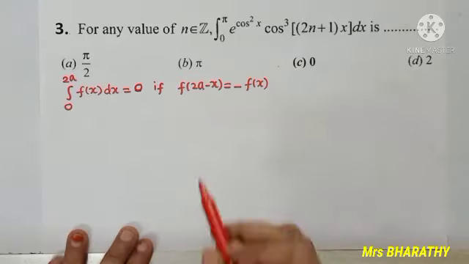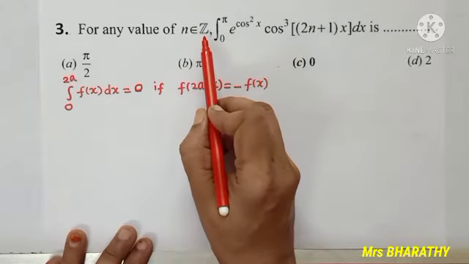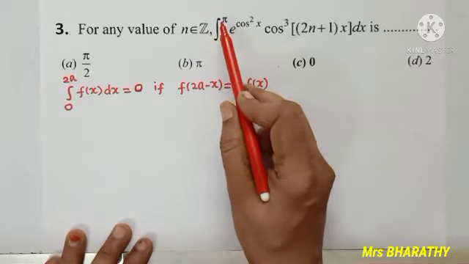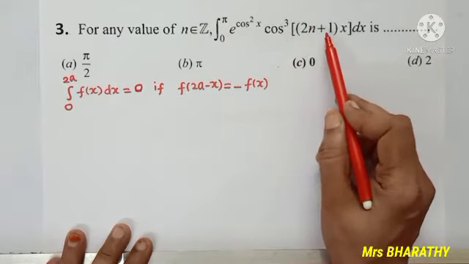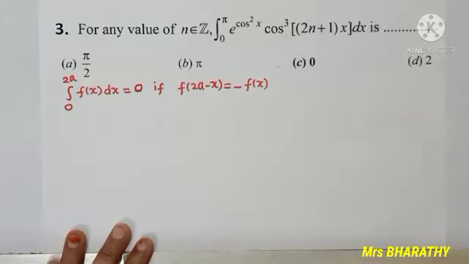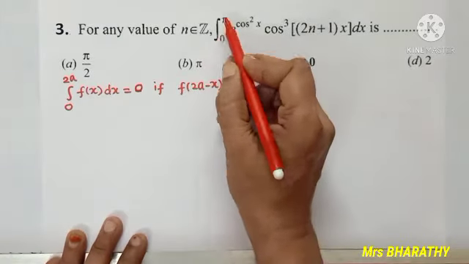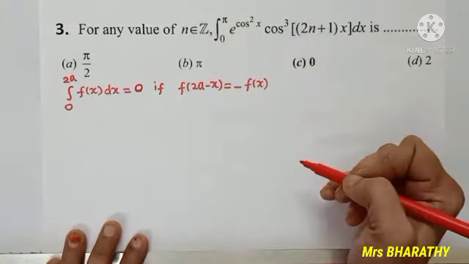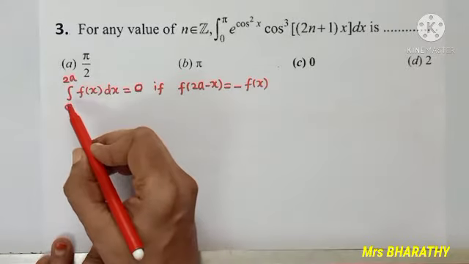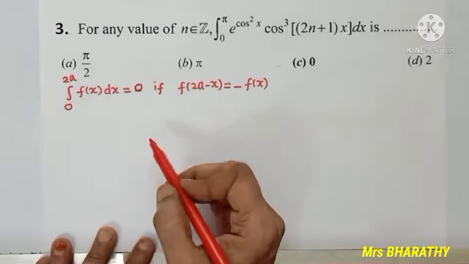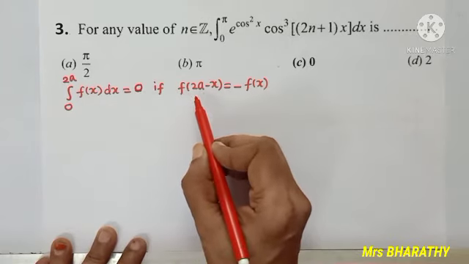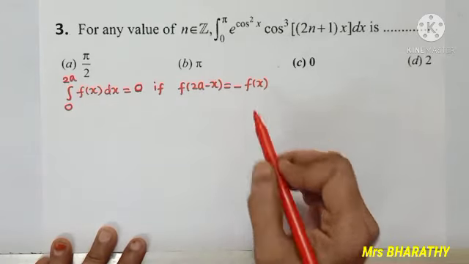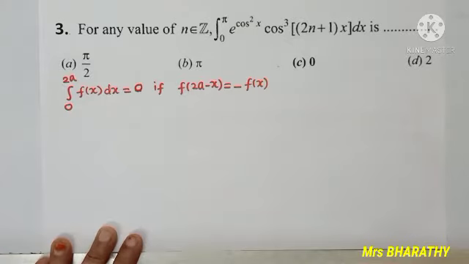Question number 3. For any value of n belonging to integers, integral 0 to pi e power cos square x cos cube of 2n plus 1 into x dx. Whenever we are given 0 to pi, I can remember the formula: integral 0 to 2a f of x dx is 0 if f of 2a minus x is minus f of x.